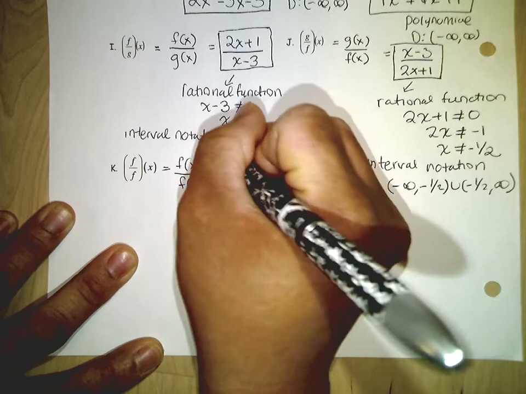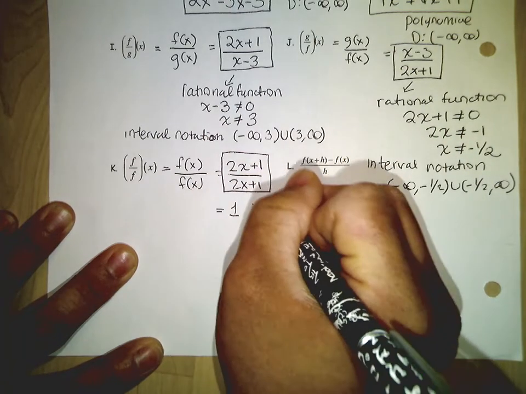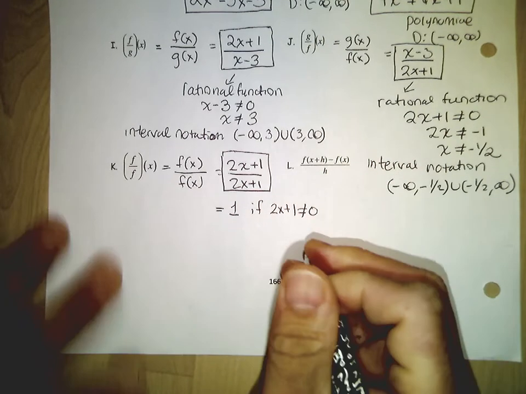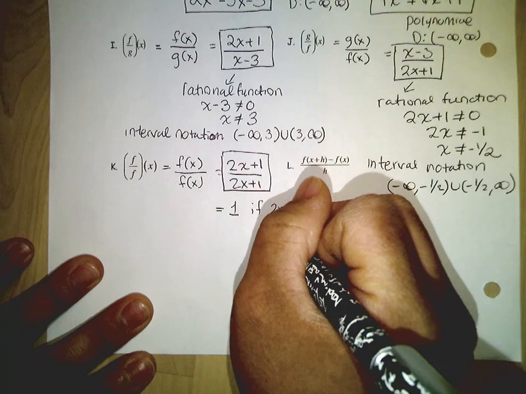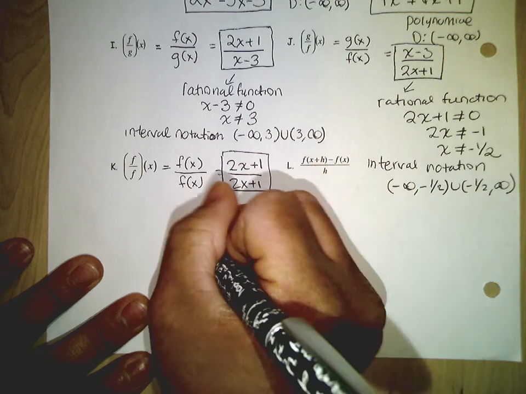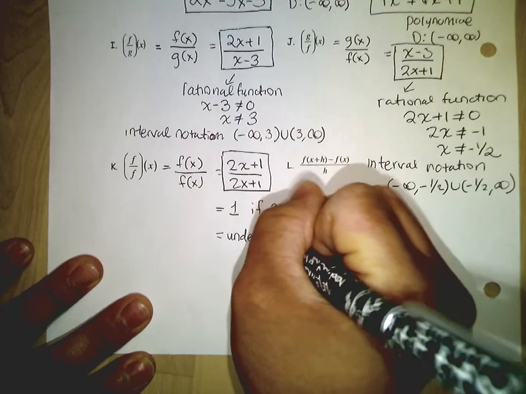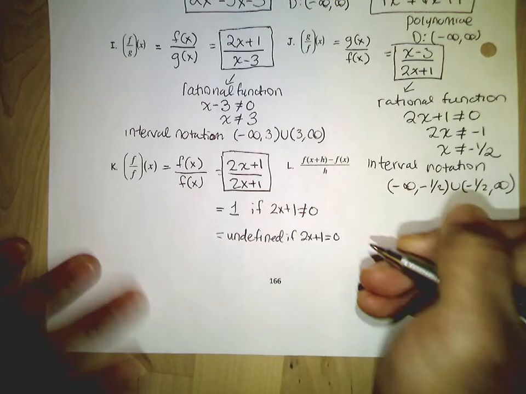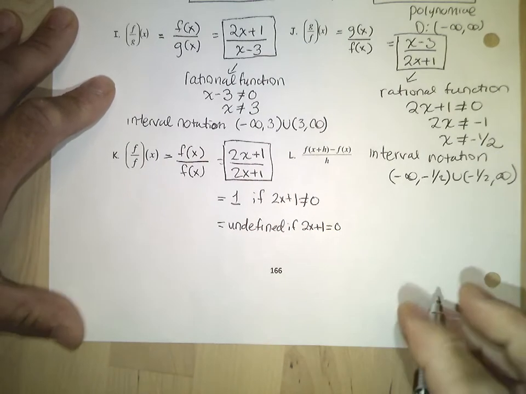But you have to use some caution here because it equals 1 if the denominator, 2x plus 1, does not equal 0. Otherwise, it's undefined if 2x plus 1 does equal 0. All right, so just remember that.